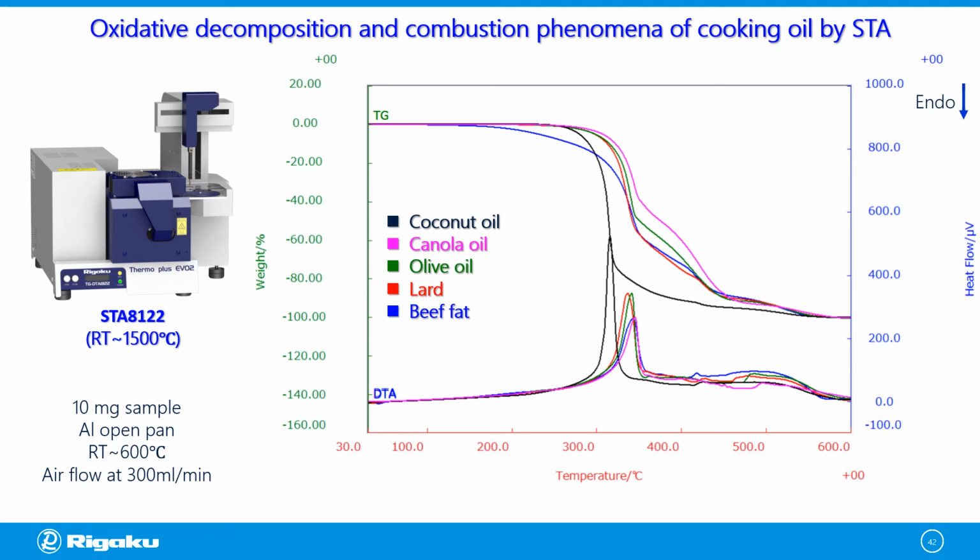Results show that beef fat revealed an initial mass loss near 180 degrees centigrade due to oxidative decomposition, followed by coconut oil with a mass loss near 280 degrees centigrade, while other samples such as canola oil, olive oil, and lard revealed mass losses starting near 300 degrees centigrade. All samples exhibited exothermic reactions during oxidation and combustion reactions.